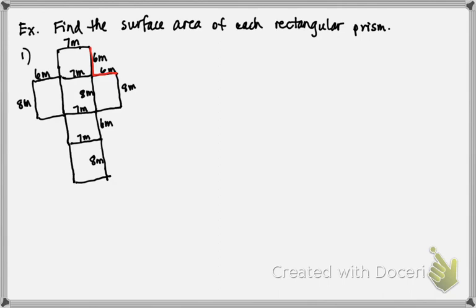So this is what I'm given. What I'm going to do is figure out what area each of those pieces would be. So this one would be a 7 by 6. Off to the left, this one would be an 8 by 6.